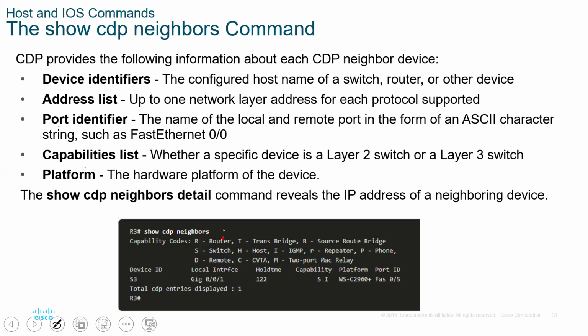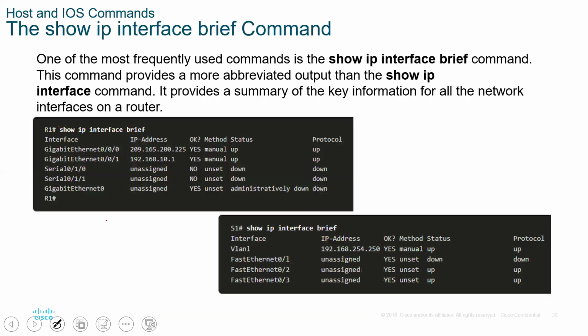Other commands include show cdp neighbors. This one gives you the details of your connected devices, the neighbor devices to your router or your switch. CDP provides information about your neighbors, like device identifiers, address lists, port identifiers, capabilities, platforms, and things like that.